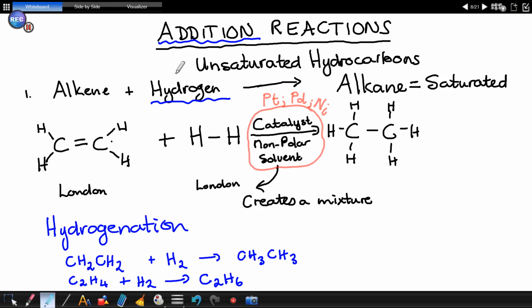Hydrogenation is the process where you're adding hydrogen to an unsaturated hydrocarbon. Wait, let me just clarify. Hydrogenation is the process of unsaturated compounds reacting with hydrogen. Yes.